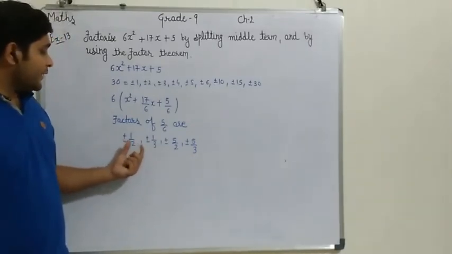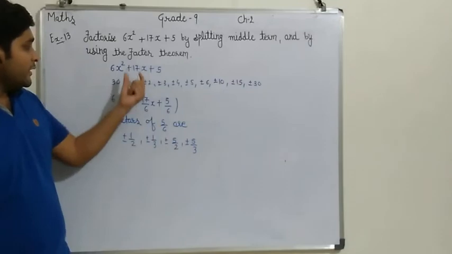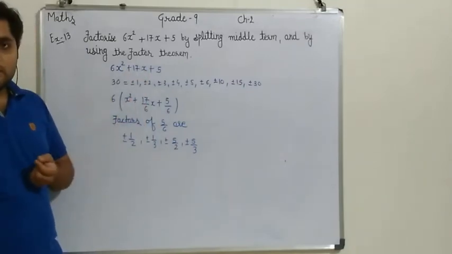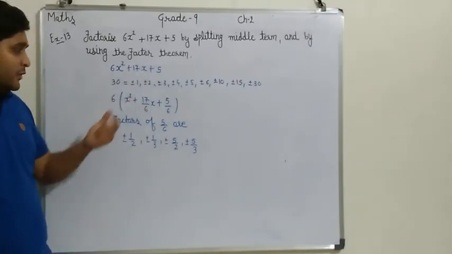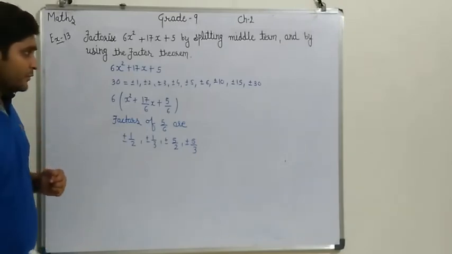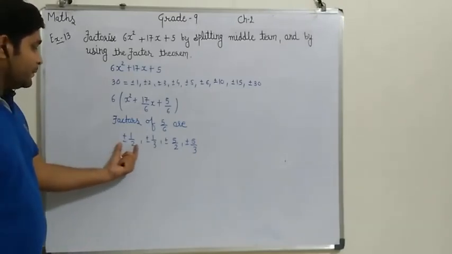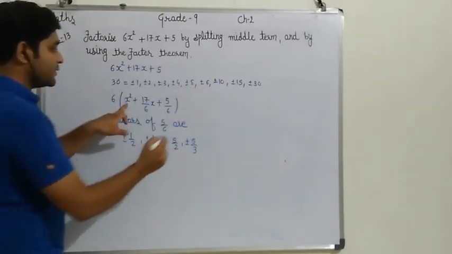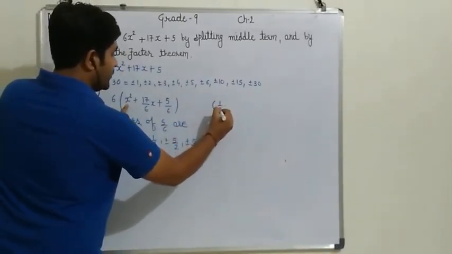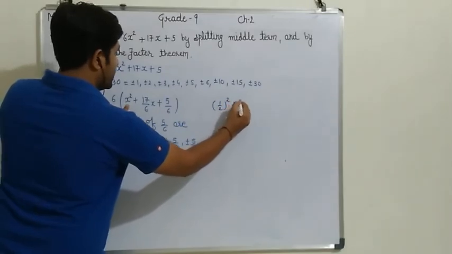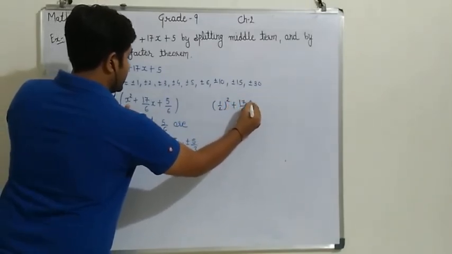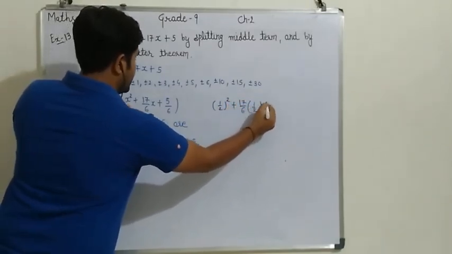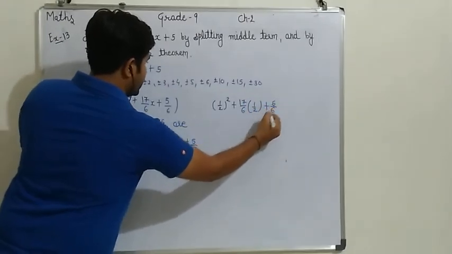Now these factors one by one we have to put in this polynomial. First of all, we will place plus 1 by 2 in the given polynomial. x square becomes 1 by 2 square plus 17 by 6 times 1 by 2 plus 5 by 6.